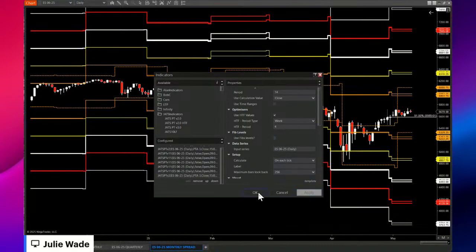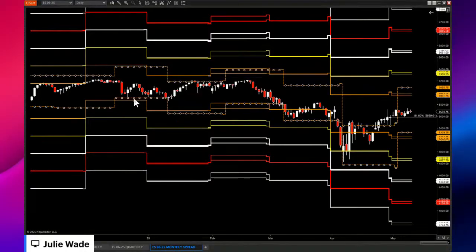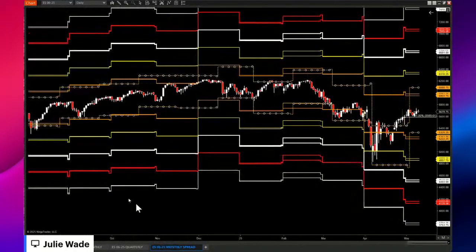So right away you can see that the 4 week catches price. Look at that. So now it's starting to make sense, right? So you can see how the dealer comes in and uses these time distributions. That's what they're trading. They're trading time and price.